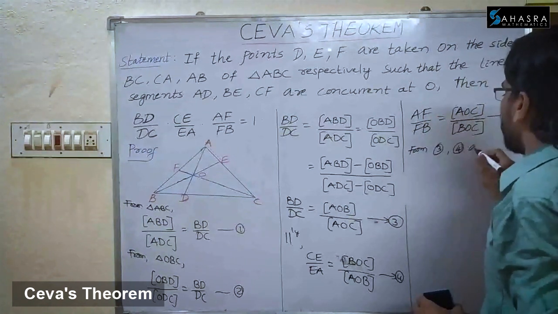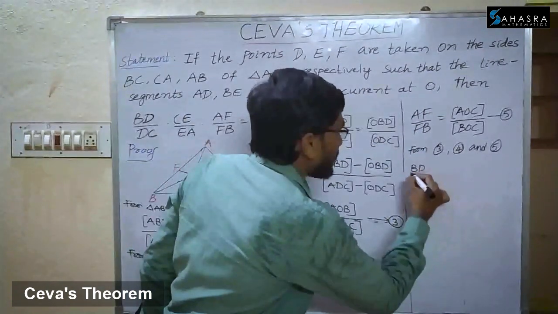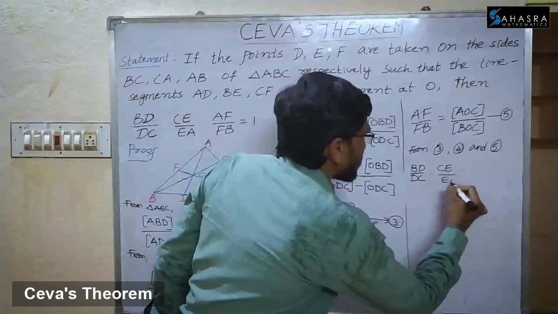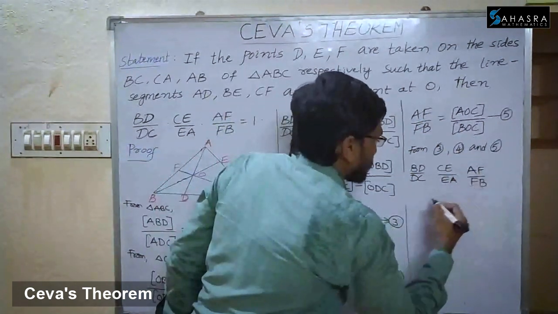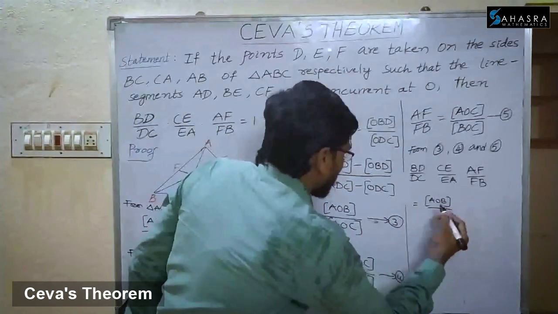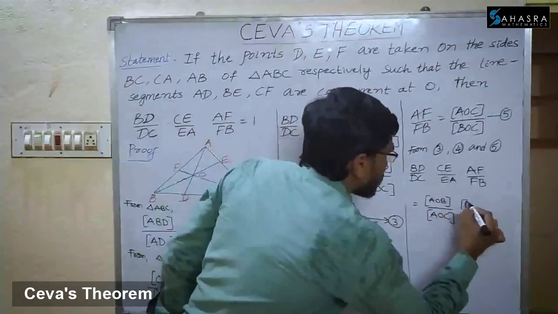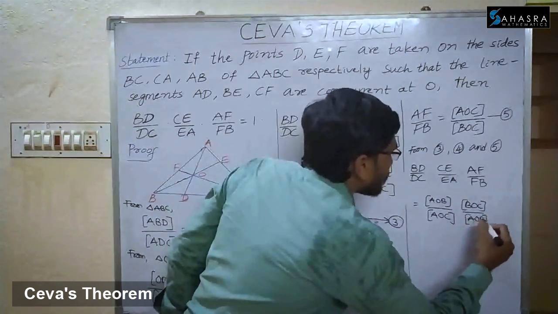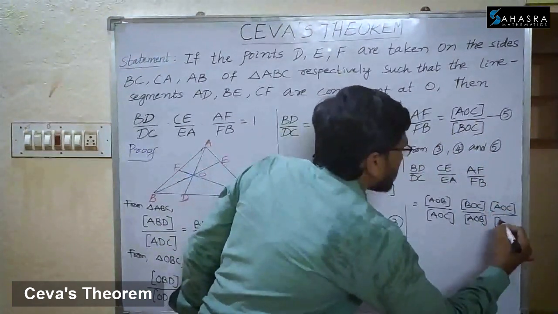BD by DC into CE by EA into AF by FB is equal to area of triangle AOB by area of triangle AOC, into area of triangle BOC by area of triangle AOB, into area of triangle AOC by area of triangle BOC.